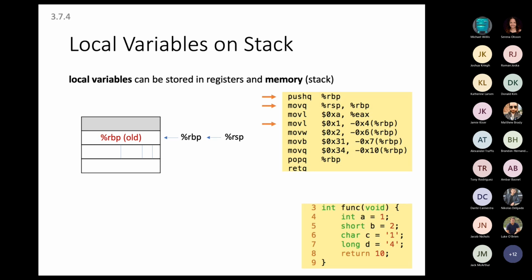RBP right now is pointing to the slot right here. If we want -4, that is to be here.